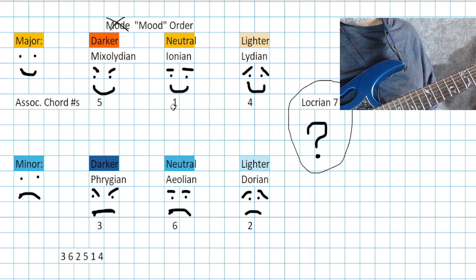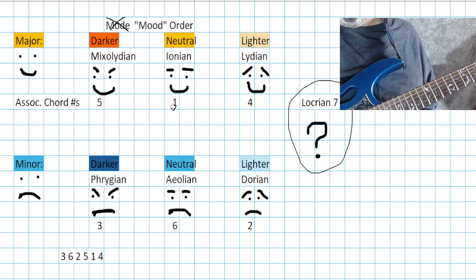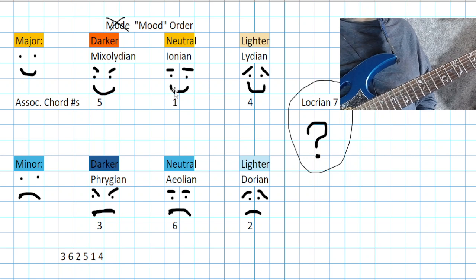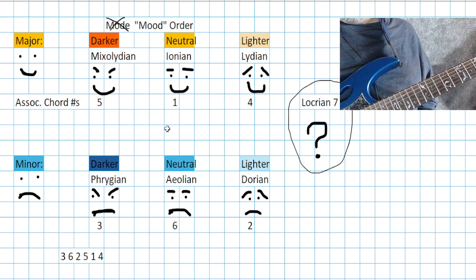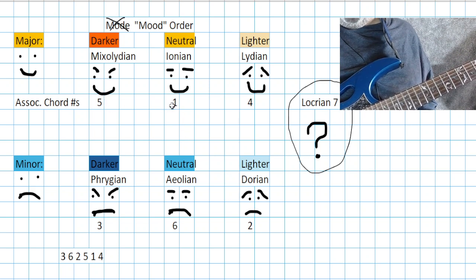Now let's put that in other terms. 1, 4, 5. You've heard of that before. And you've heard chord progressions with 3, 6, and 2. You've heard of 2, 5, and 1. Well, interestingly enough, when you stack 3, 6, 2 next to 5, 1, 4, in the center you get 2, 5, 1.